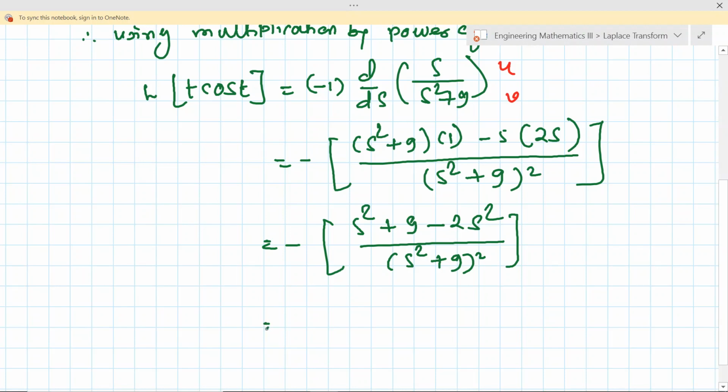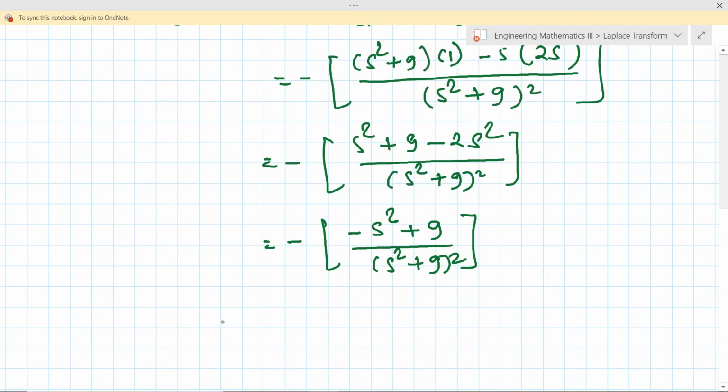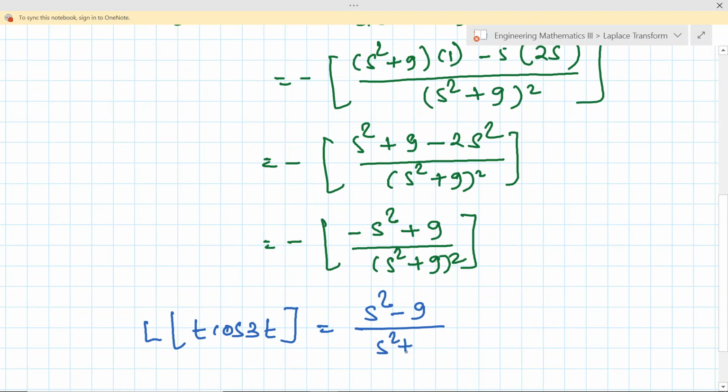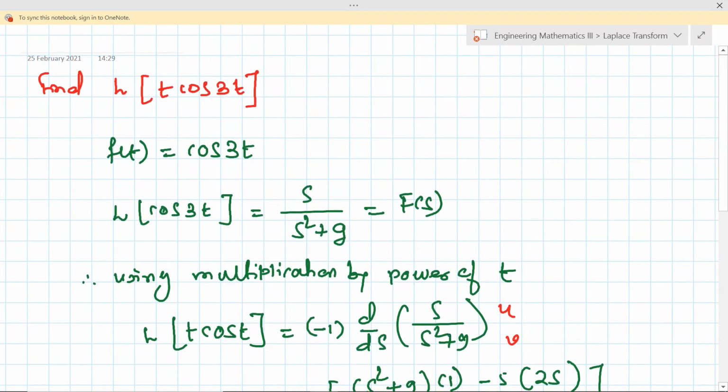This is minus s squared, and the minus of minus s squared plus 9 upon (s squared plus 9) squared. After multiplying by minus, what do I get? The Laplace transform of t times cos 3t is equal to (s squared minus 9) divided by (s squared plus 9) squared. That's it. This is my answer. So this is nothing but multiplication by power of t.